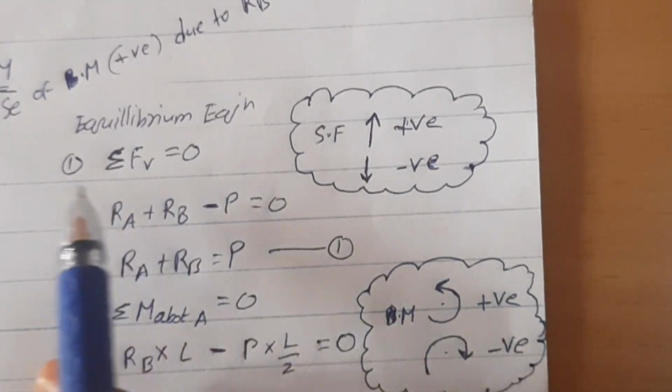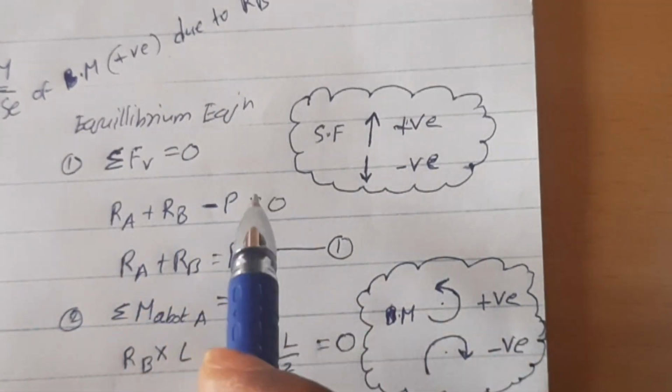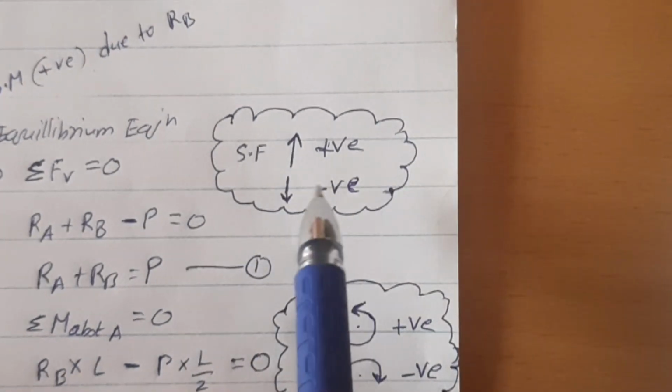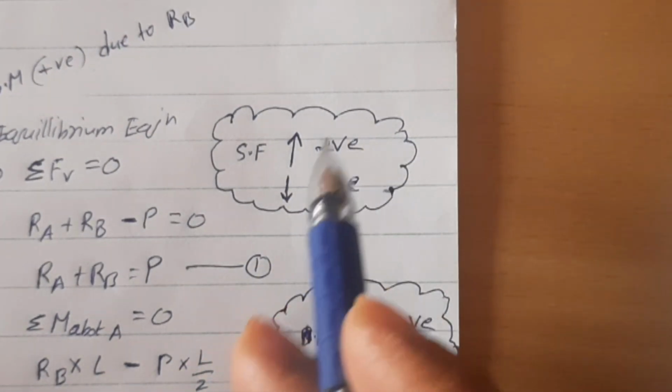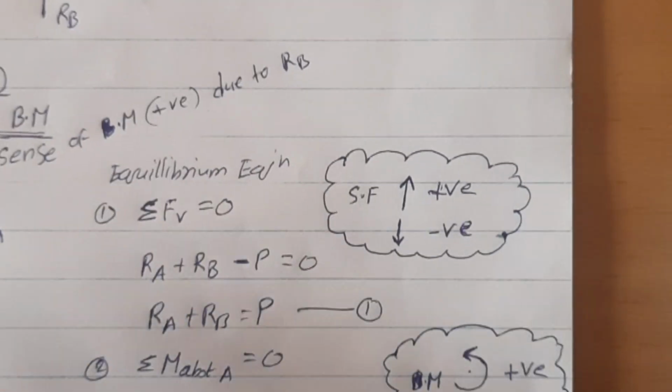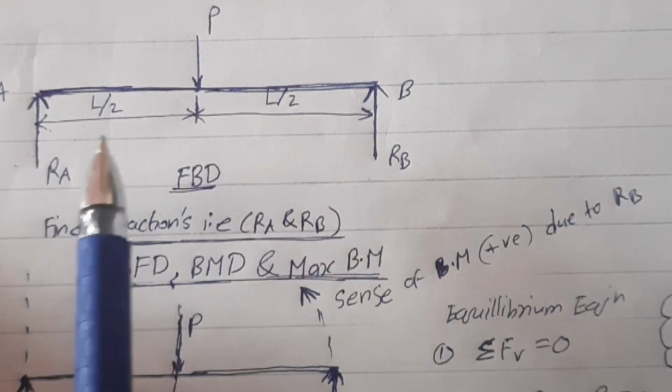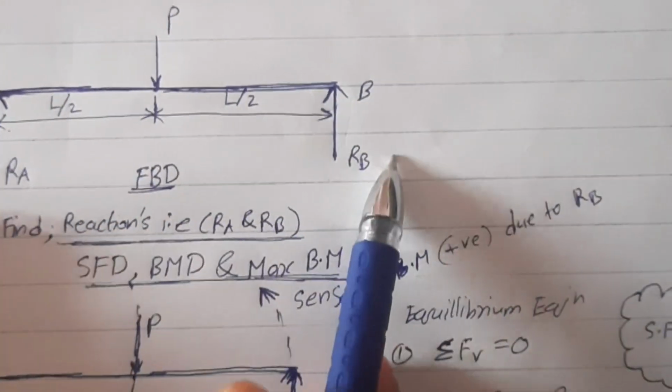First we take the sum of vertical forces equated to 0. I take the sign convention as upward is positive and downward is negative. The forces acting upward are Ra and Rb.